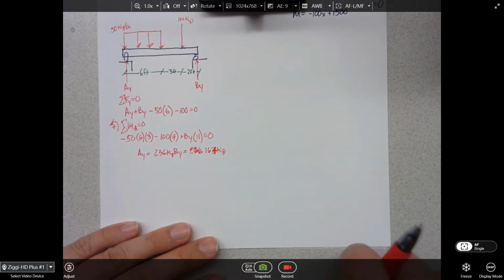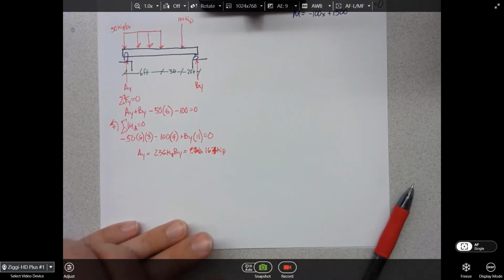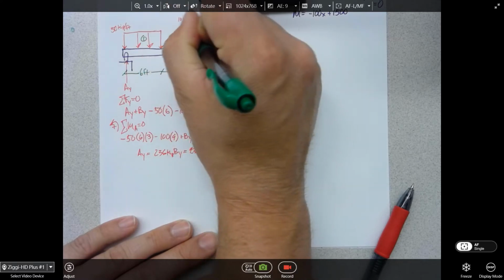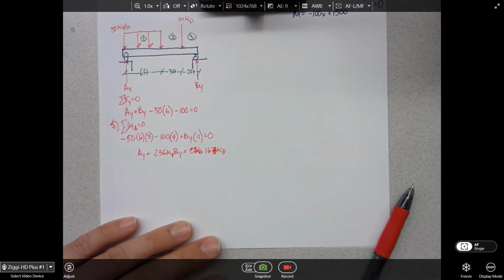All right, so how many loading regions do we have? 3 again, right? One here, one here, one there. Okay.